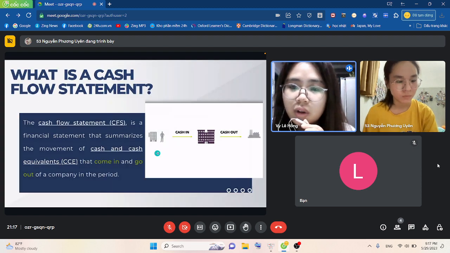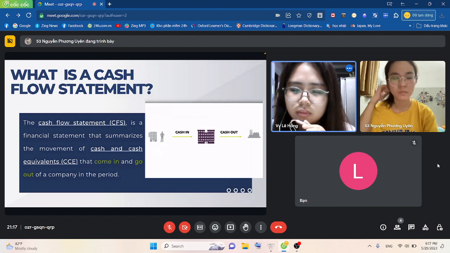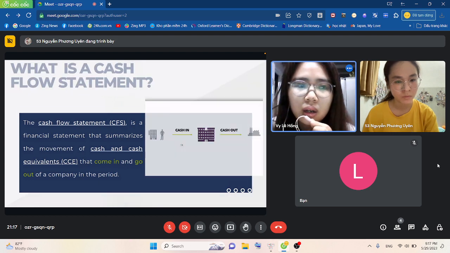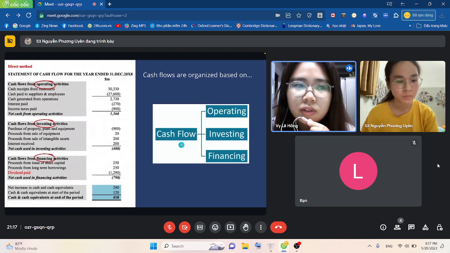The cash flow statement is a financial statement that summarizes movements of cash and cash equivalents coming in and going out of the company in the period. An example of a cash flow statement. From the above example, we can see that the cash flow statement is split into three sections.